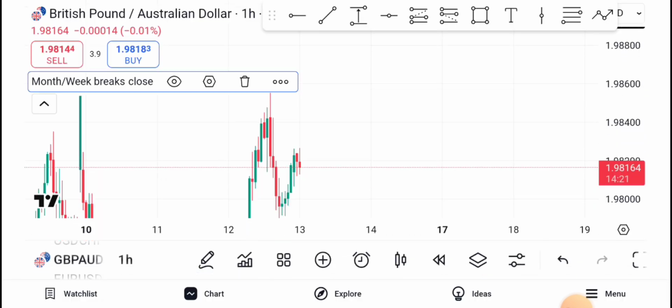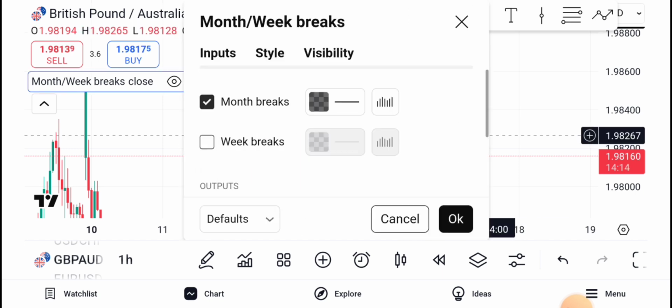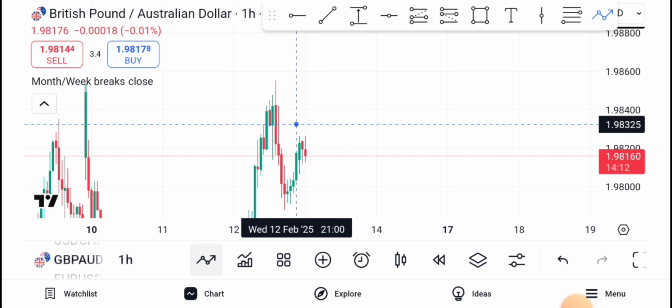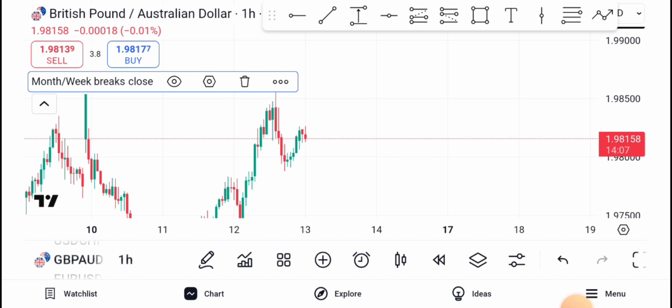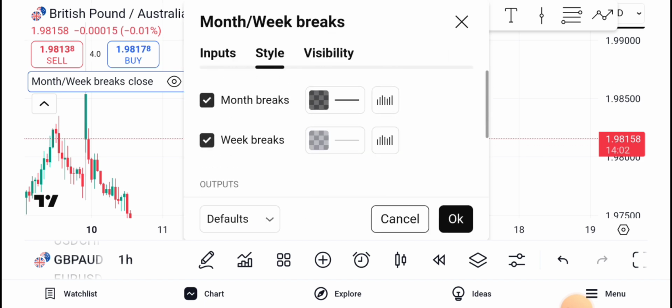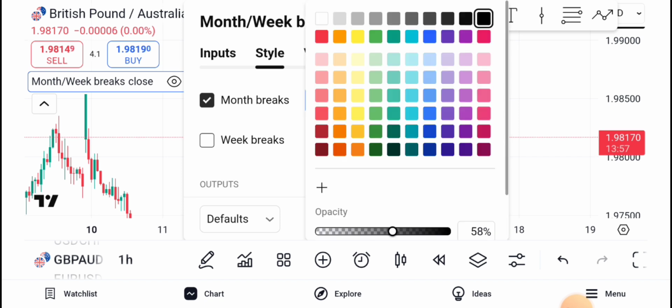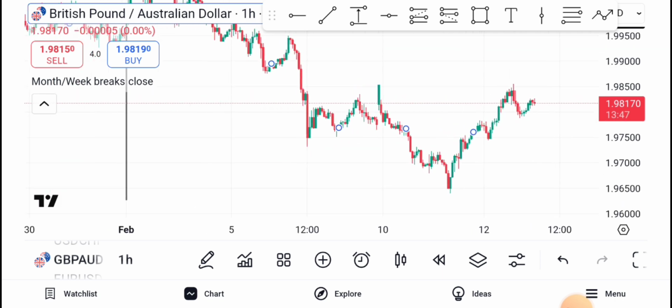And then when you come there, in the settings, you just turn the weeks off, and then use the months. It will be ticked like this. You choose the color, the opacity, and then the thickness. When you come, it will be this. So depending on the visibility, how you want to see it, you do the settings, and then you are done.